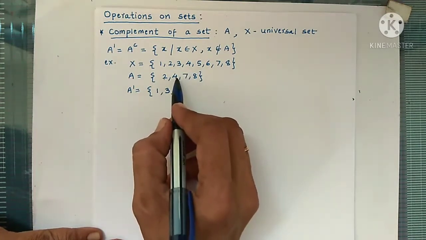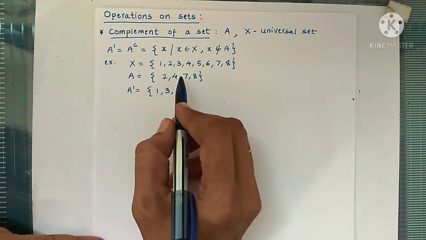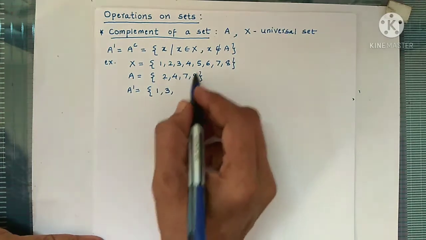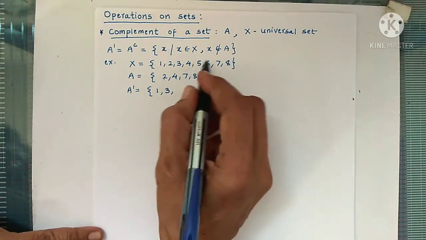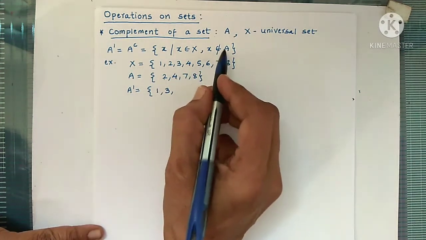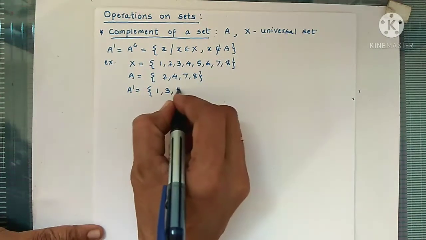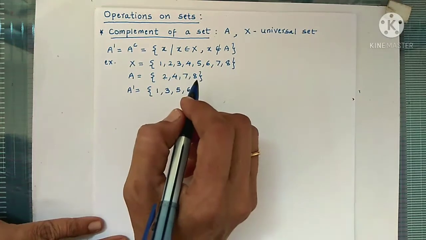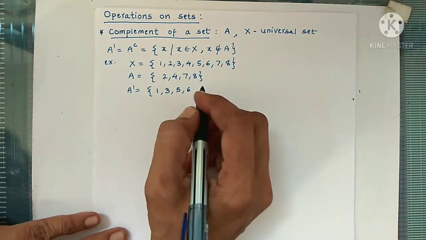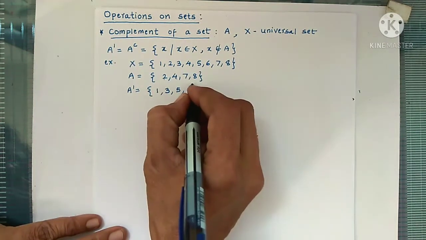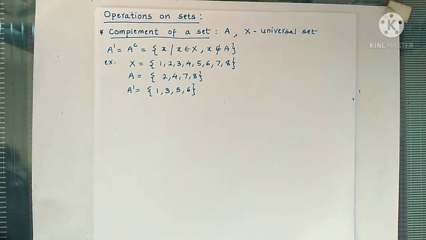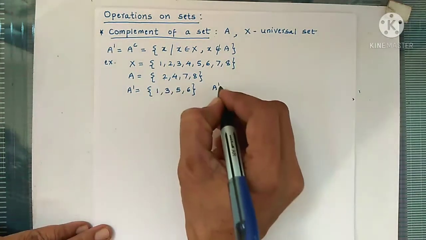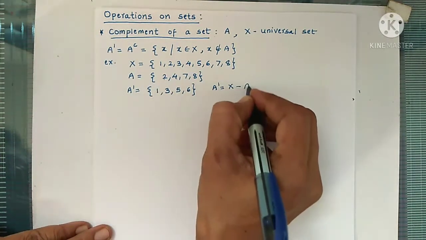Again, 4 is an element of A, so 4 does not belong to A complement. 5 and 6 both belong to X and both do not belong to A, so 5 and 6 belong to A complement. Now 7 and 8 are members of A, so they can't be members of A dash. So basically A dash is X minus A, a simple definition.